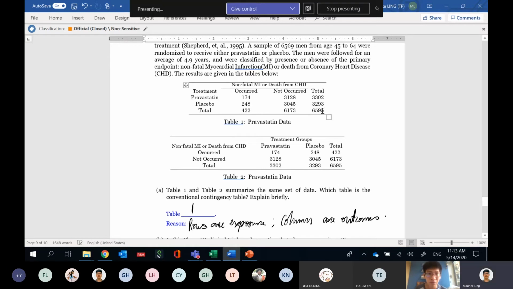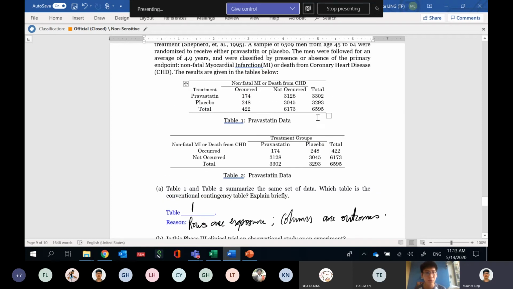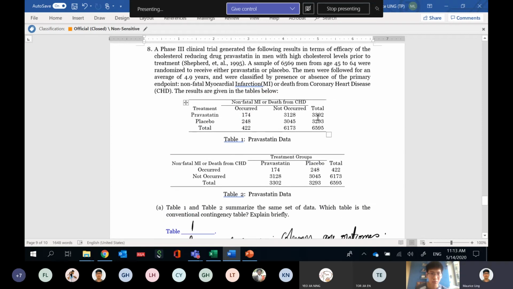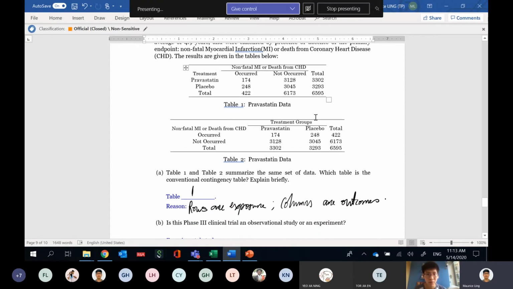Okay, then we go to just now we have up to Maximus. What kind of study is this? Experimental or observational?